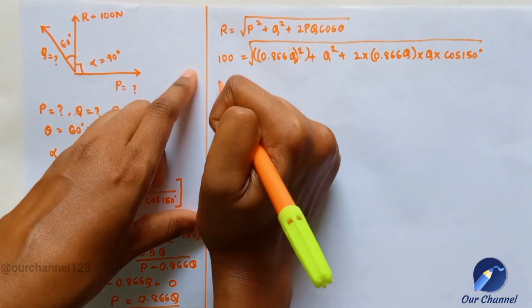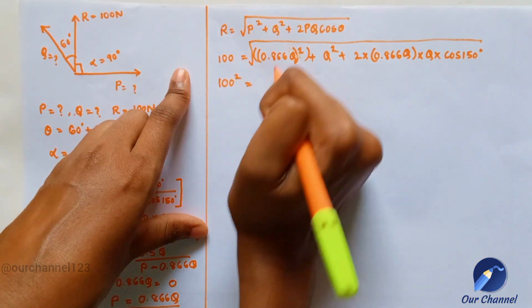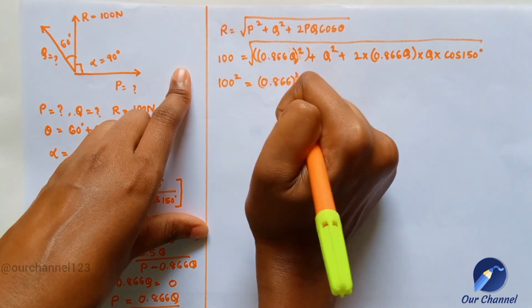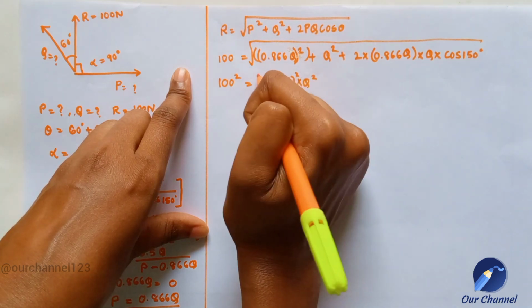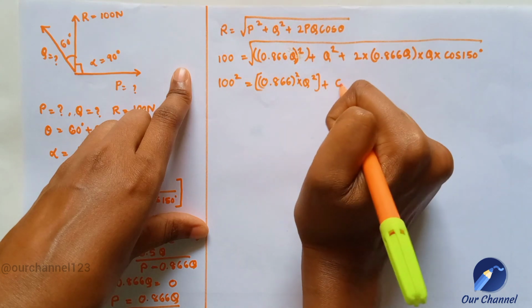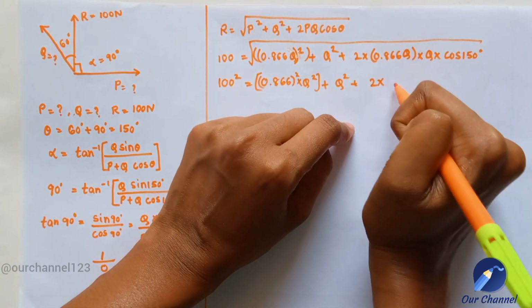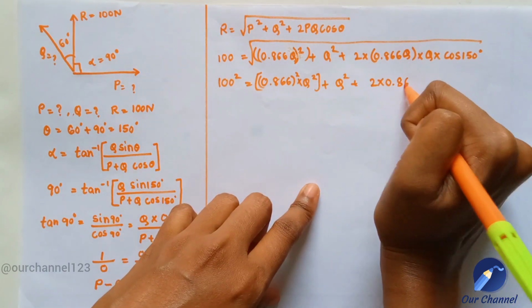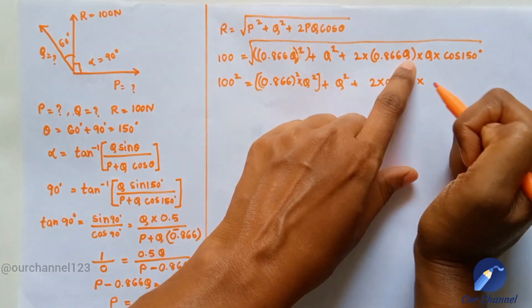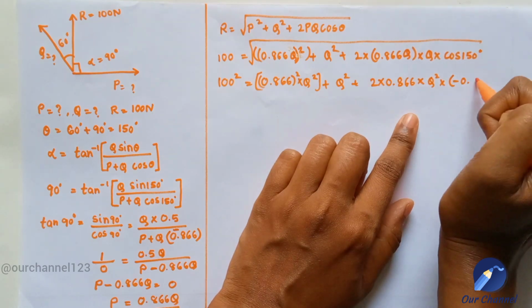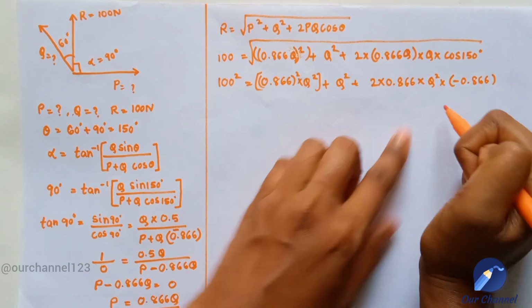Square root will become square, so 100 square is equal to 0.866 whole square into Q square plus Q square plus 2 into 0.866 into Q square, Q into Q is Q square, into cos 150 which is minus 0.866.